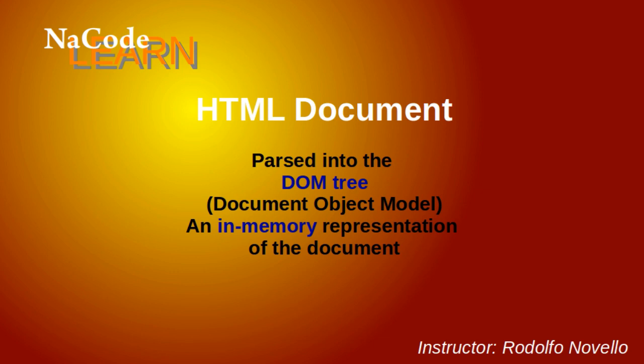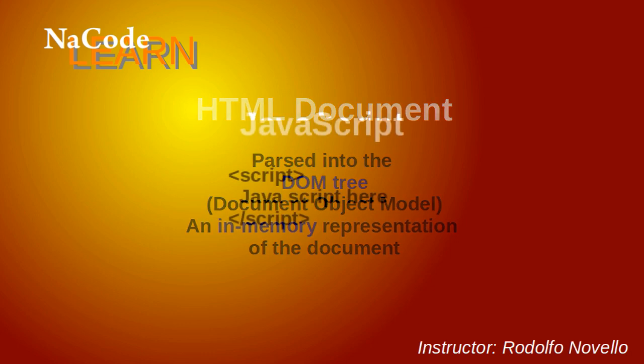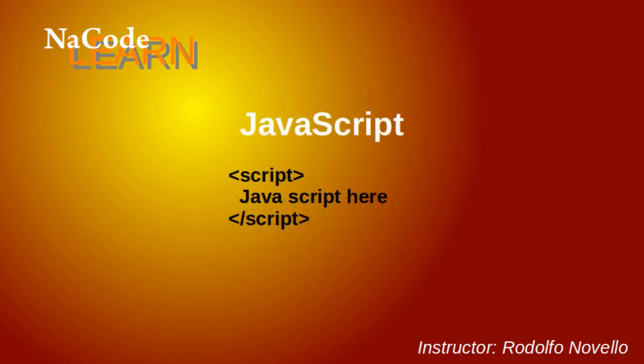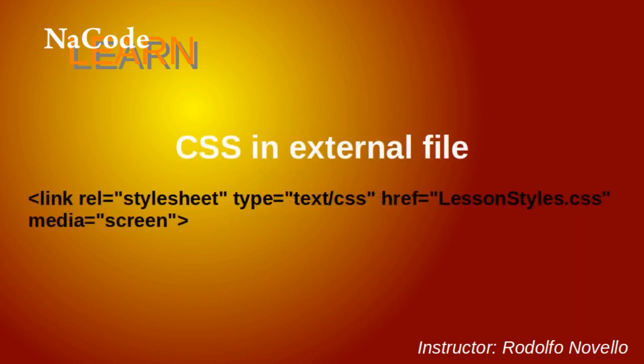If you remember, we saw that we can see what that tree looks like with the help of the F12 key. As a side note, this DOM tree can be manipulated from scripts, typically JavaScript, which can be embedded as a regular element, the script element, into the source, or as an external file, as is done with the CSS code in this lesson.